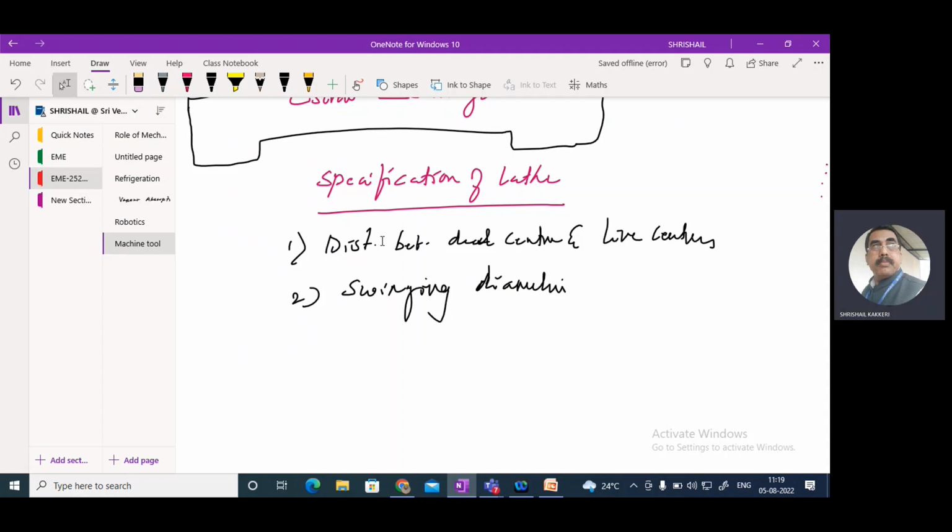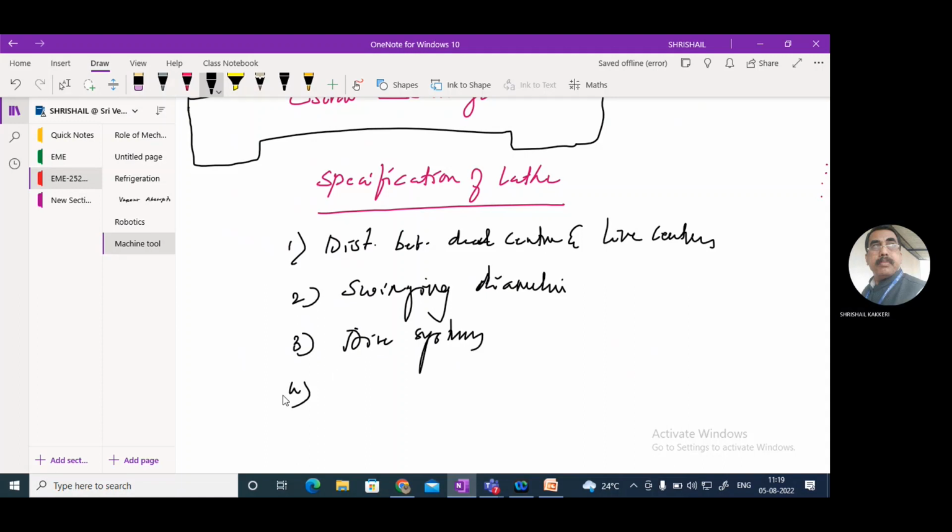And the drive system, that means how many types of gearings are available with the lathe.